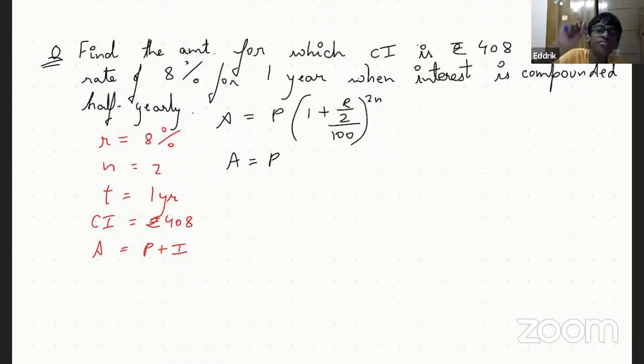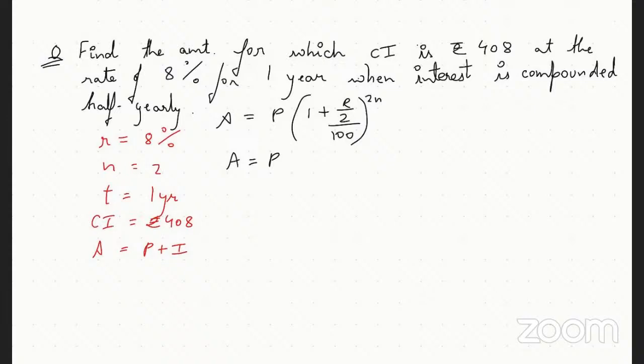Linear equation in one variable or two variables? This is right now for one variable. This equation will give us two variables, that is A and P, but we will just use it to find the value of P only.